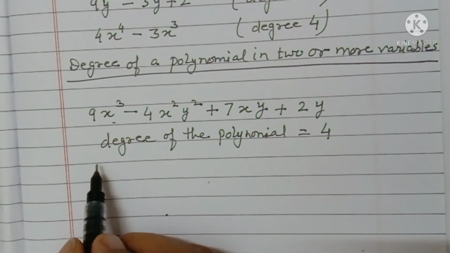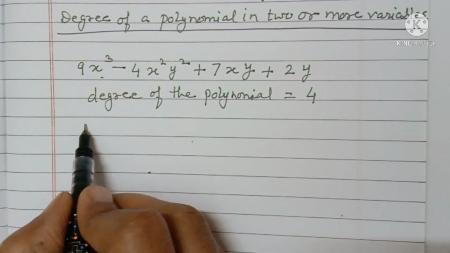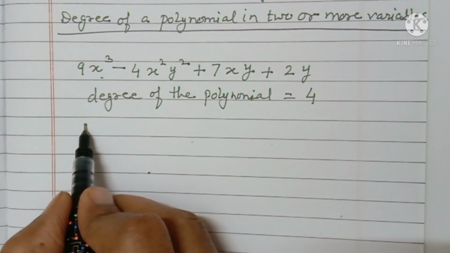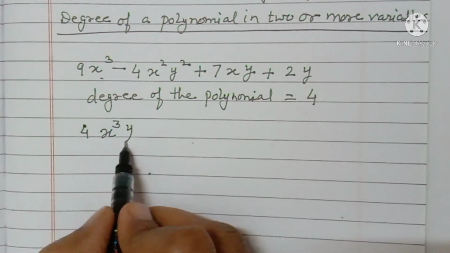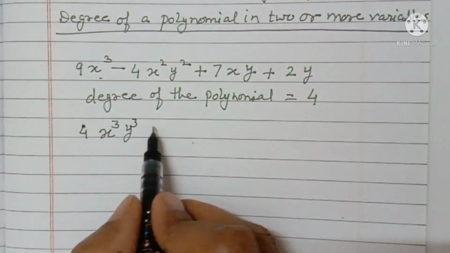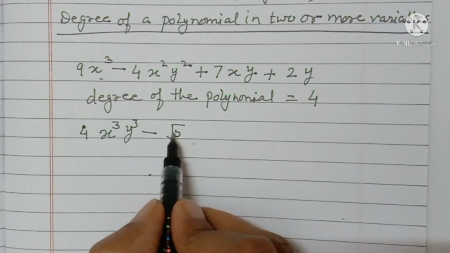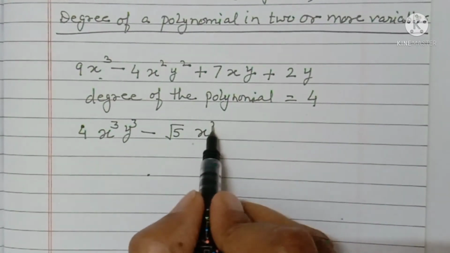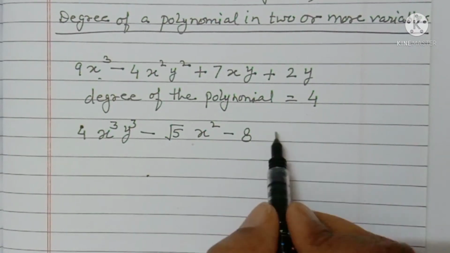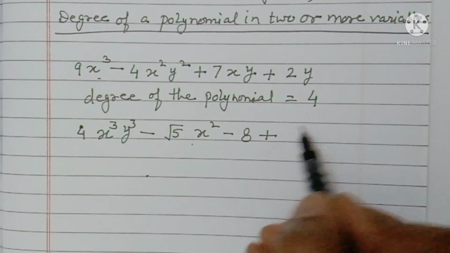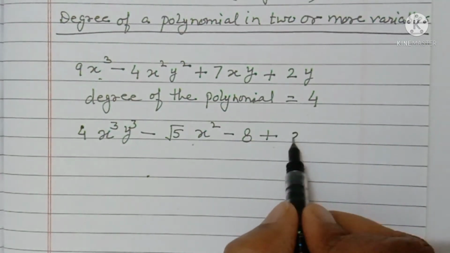Take another example. Suppose 4x cube y cube minus root 5 x square minus 8 plus xy.